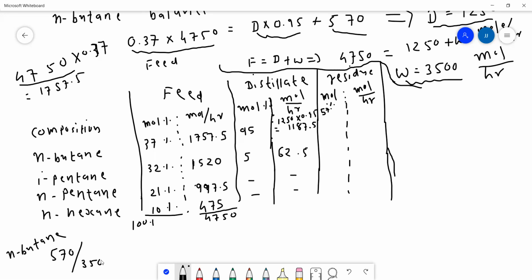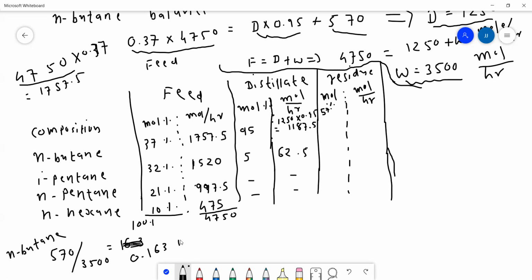Total flow rate of residue is 3500. So the molar flow rate of N-butane divided by total flow rate of residue gives 0.163.